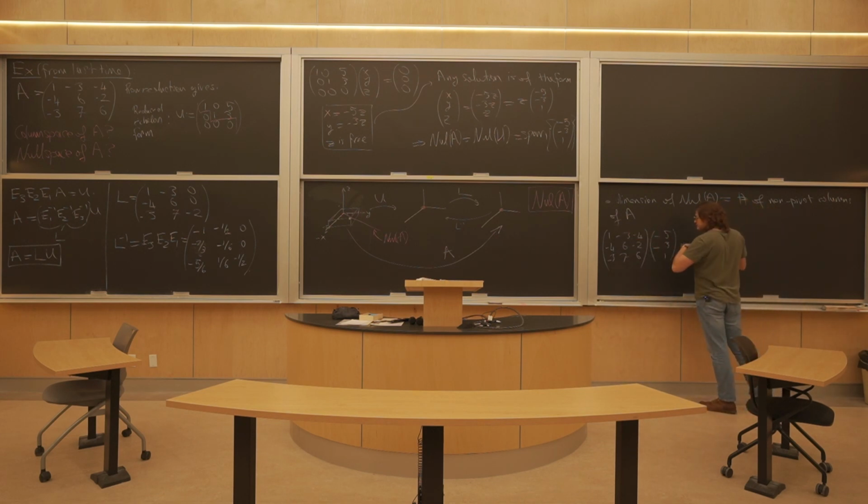So let's check this out. 1 times minus 5, so this is a column vector, of course. Minus 5 plus 9 minus 4, 0. 20 minus 18 minus 2, 0. 15 minus 21 plus 6, 0. Okay.